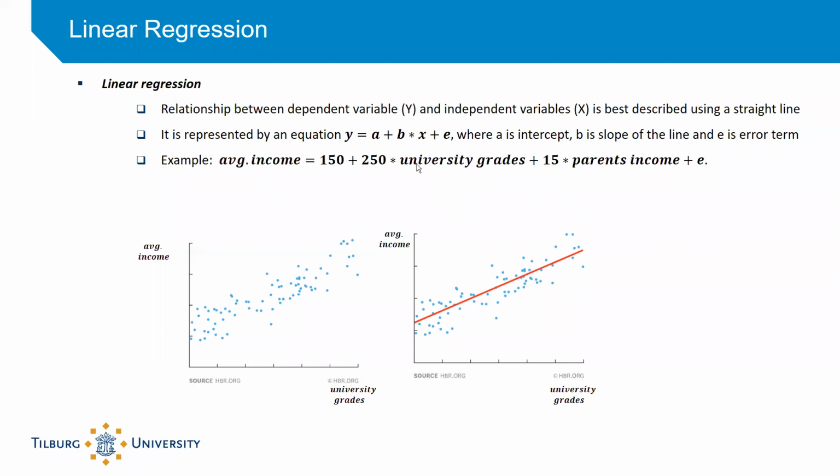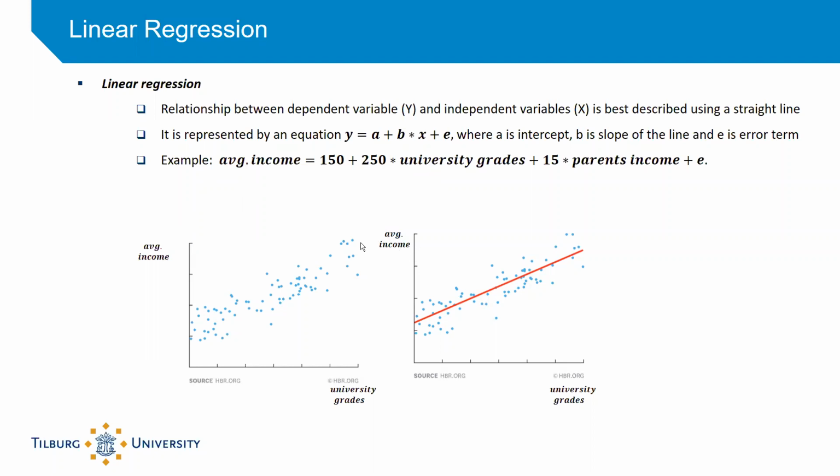Basically, this relationship tells us that a point increase in university grade increases the average income by 250 points. If average income is measured in euros and grades are measured from 1 to 10, then as the university grade increases by 1 point, the average income increases by 250 euros. That's the simple interpretation of it.